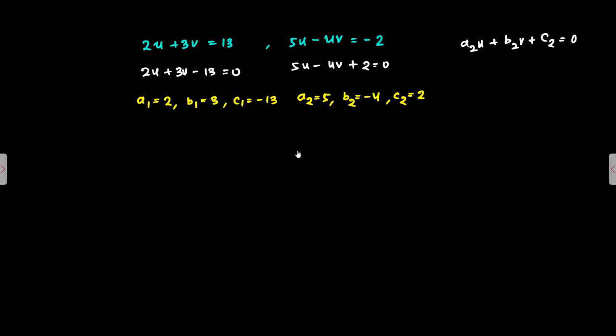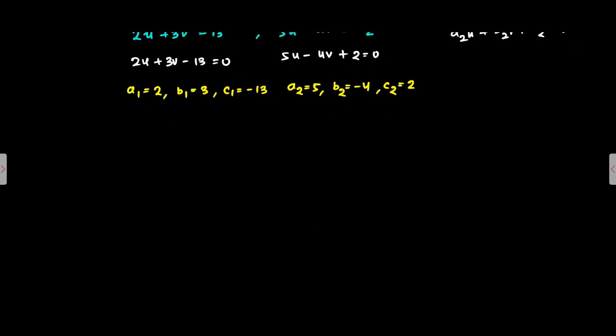Okay, so here we'll draw the cross multiplication diagram in this way. The pattern will remain the same, just instead of x, y and 1 we'll substitute u, v and 1.